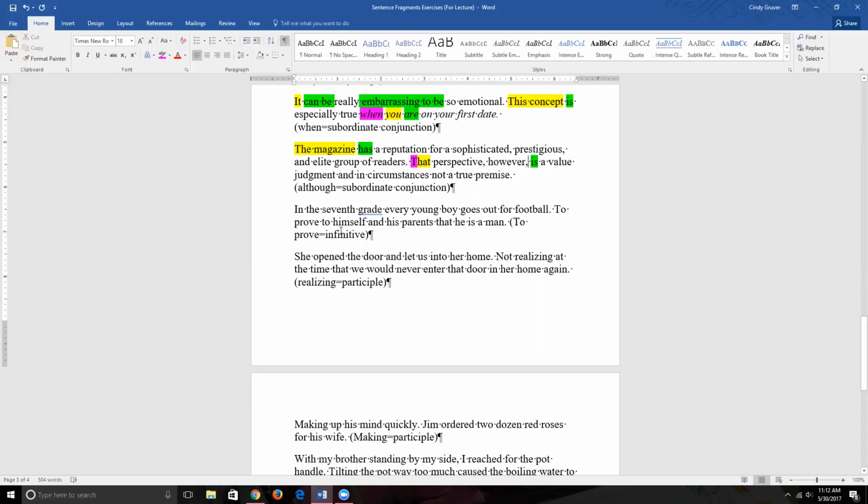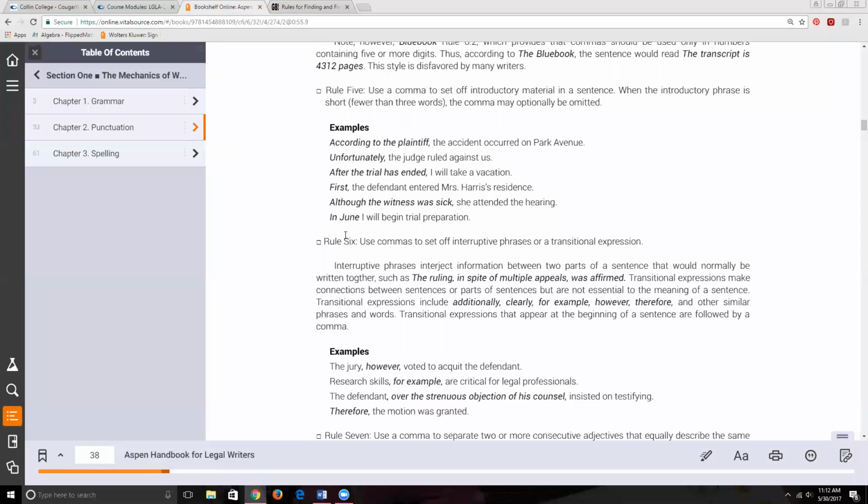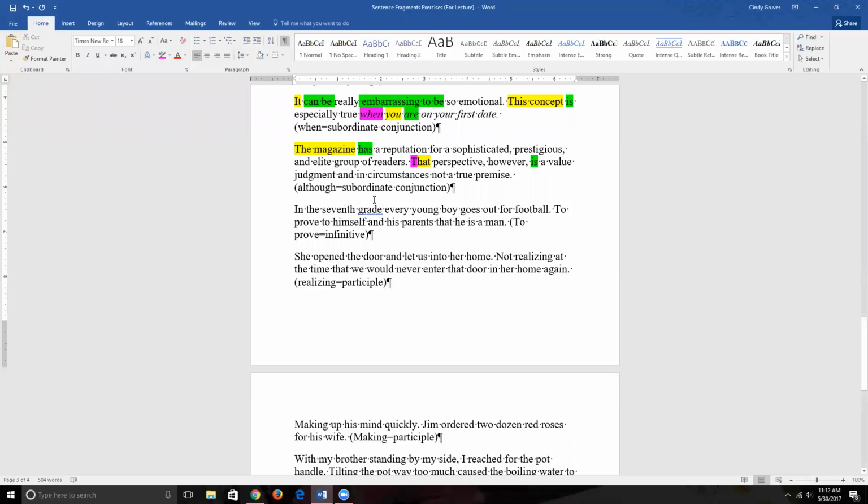In the 7th grade, every young boy goes out for football. Okay, this actually should have a comma because it's an introductory expression, and that goes under rule number 5. So I'm going to add it. Introductory expressions that are 3 words or under are okay to omit the comma if you want to, although you can still use them.